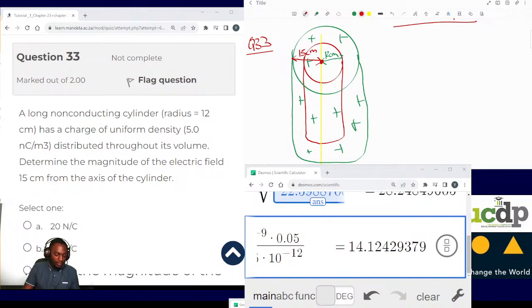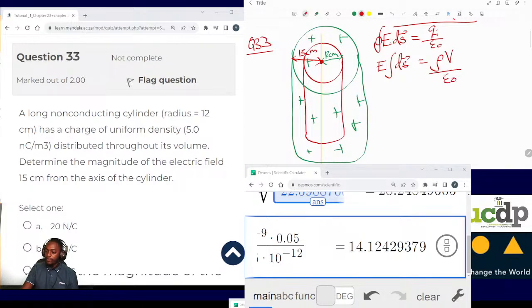So we go back to the same analysis. Integral E dot dS equals our charge enclosed over epsilon naught, and we can take E out, so E times the integral of dS, and our Q, we now know it's the charge density rho times V over epsilon naught, and we know that our V is equal to pi r squared L. So we're still considering L to be the same length.